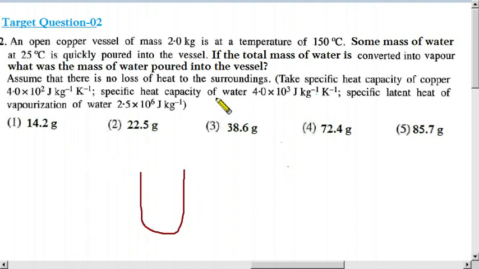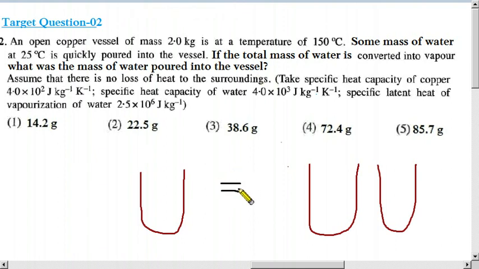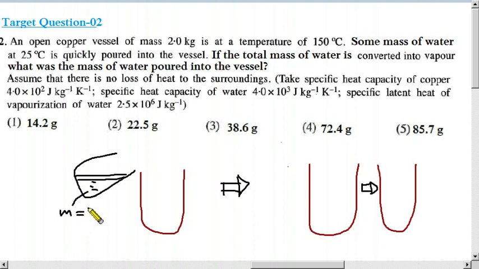So the vessel is there, and I have to draw 2 vessels after the incident, like this, and then this one turns to this one. So the water is poured like this. So some mass, m, that is what we have to find out.